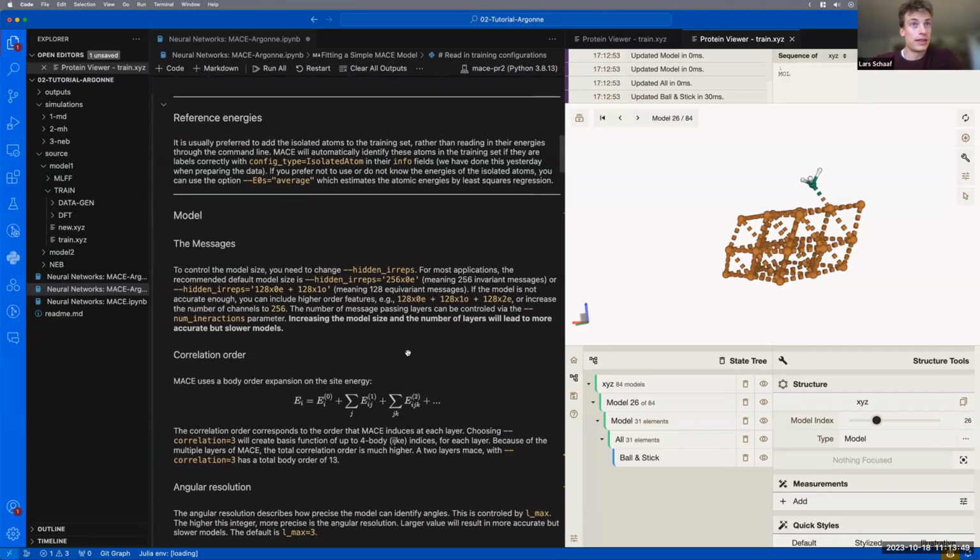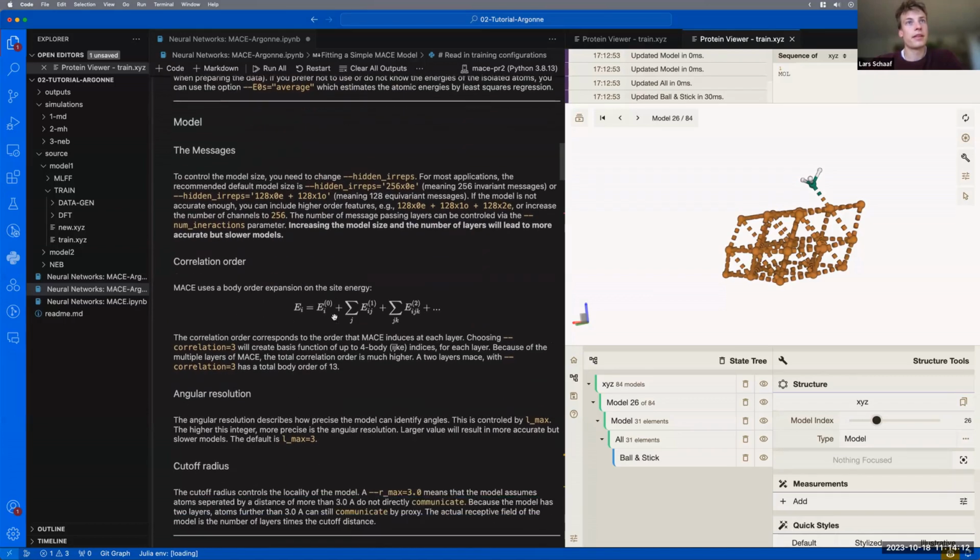This makes the fitting easier. And if you have reactions or want to extrapolate to unseen reactions, then it's very useful to explicitly put these isolated atom energies into your training. But you can always use an average as a command, and it'll calculate some reasonable isolated atom energies for you on the fly.